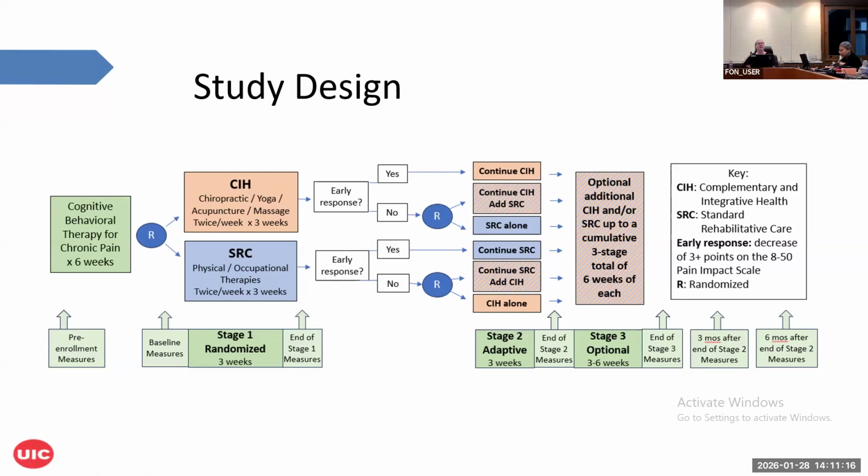So here is what a SMART design looks like. And I'll walk you through what normally happens for me in my clinic when I see a chronic pain patient. The chronic pain patient comes in, and the first thing we do is cognitive behavioral therapy for chronic pain for 6 weeks, because we know that if we retrain the brain, then they're going to be better able to manage their pain and also deal with the other interventions that we're doing.